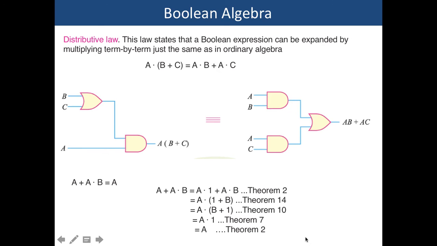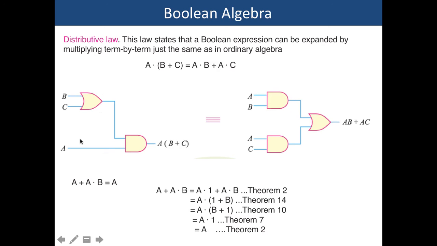Distributive law. This law states that a Boolean expression can be expanded by multiplying term by term, just the same as in ordinary algebra. You know ordinary algebra. So a dot (b plus c) means ab plus ac. We can draw this: input a, and input b, c going into an OR gate, since plus means OR gate, and then the dot means AND gate.